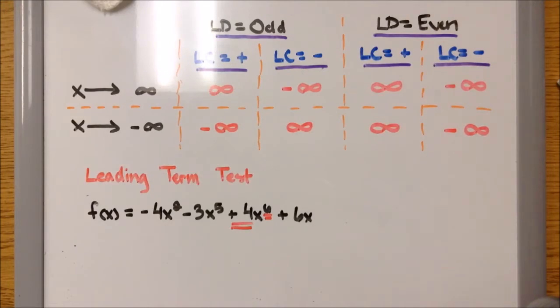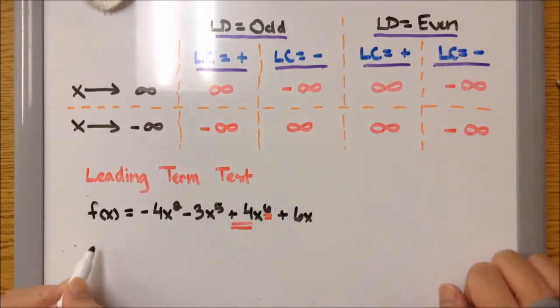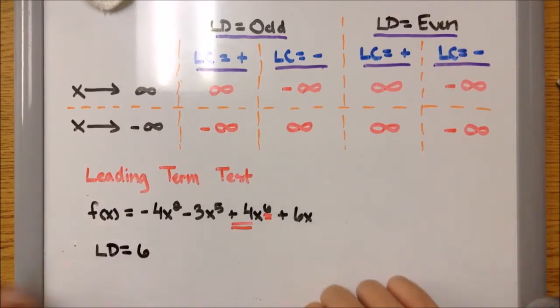So what I'm going to do is write out the leading degree and leading coefficient, so that I show what I know in case I'm doing this on a test. My LD, leading degree, is 6, which is right there. And then my leading coefficient. We don't have to put a number.